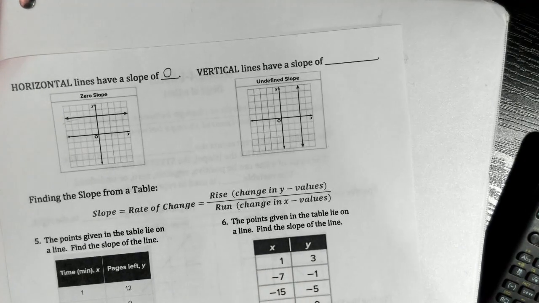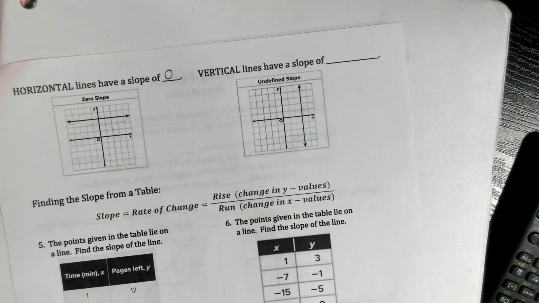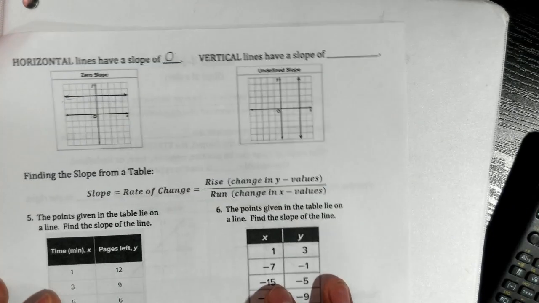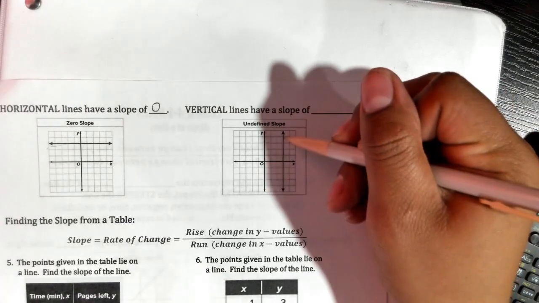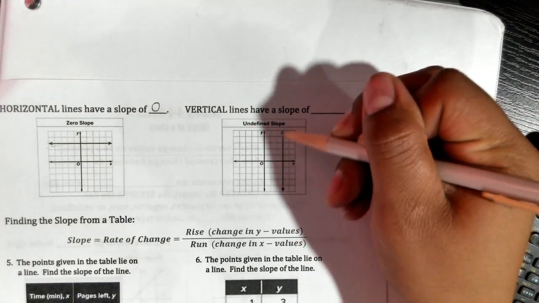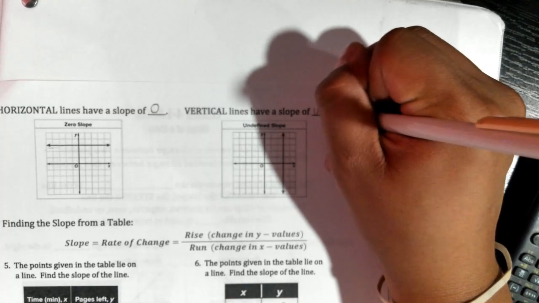Looks like the computer froze, so just gonna wait till it comes back. There we go. So horizontal lines have a slope of 0, while vertical lines, so lines like this guy right here, these guys have a slope of undefined.